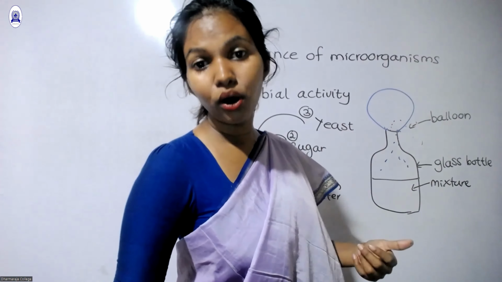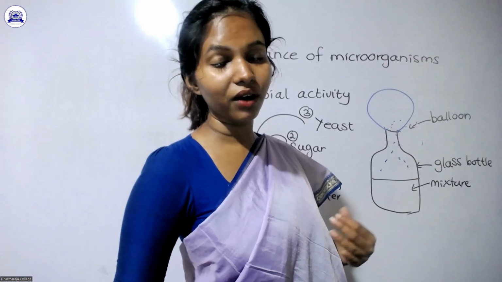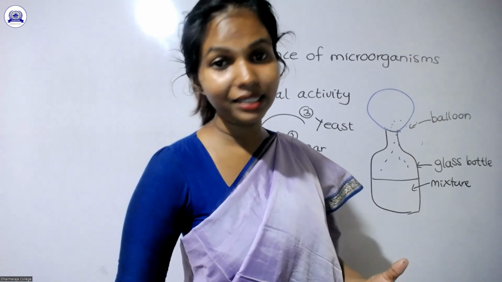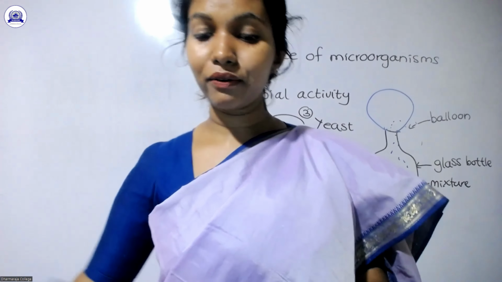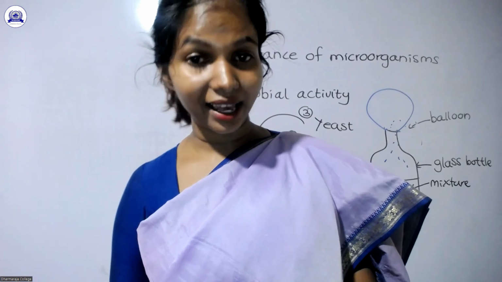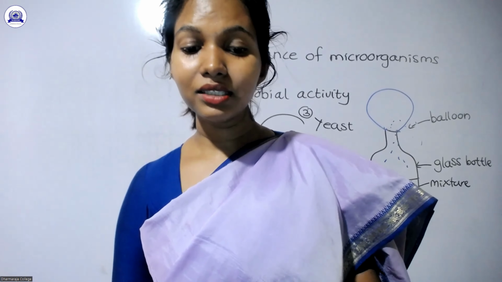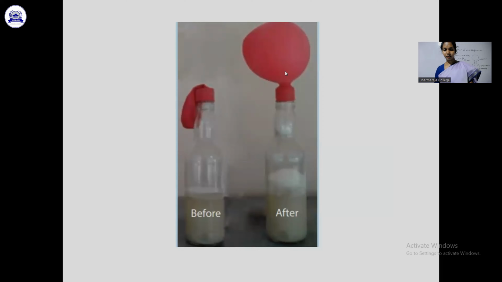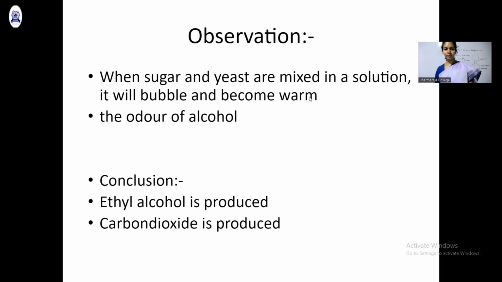And ethyl alcohol produced in the mixture will give out some alcoholic smell in the mixture. So here you have to remember that with the action of microorganism here, a gas is produced, some alcohol is produced. So here you see the real diagram with the inflated balloon here. So the odor of alcohol comes and the bubbles come out and it becomes warm.